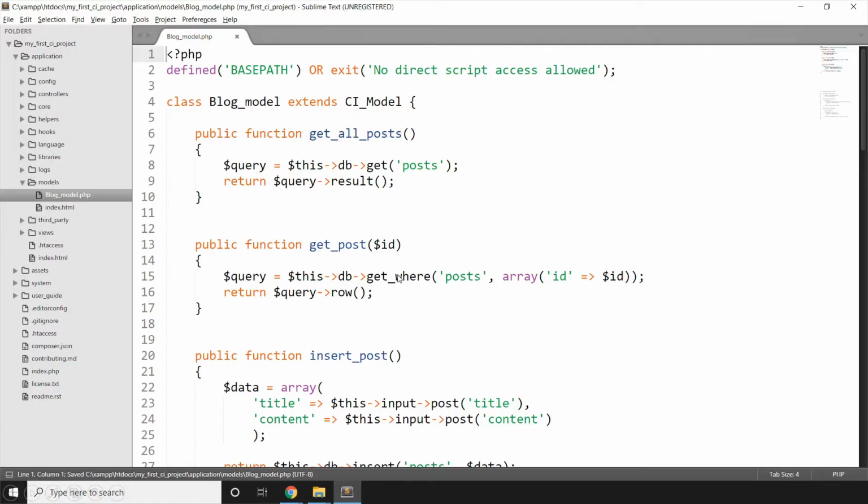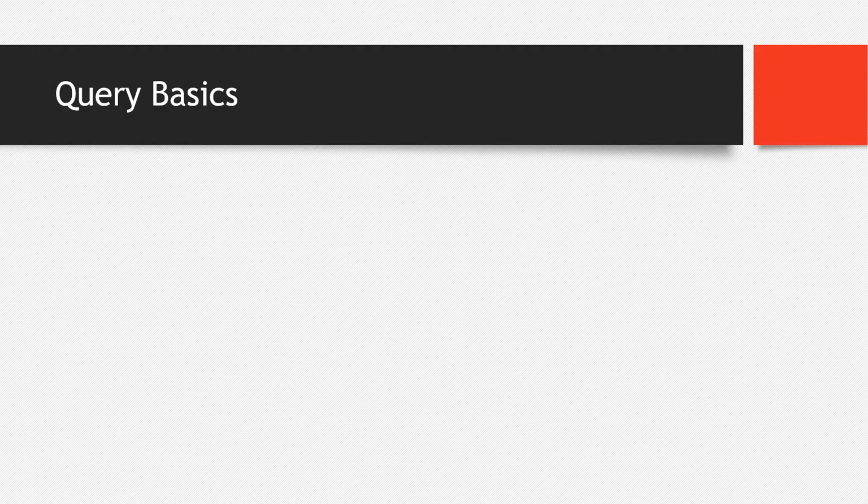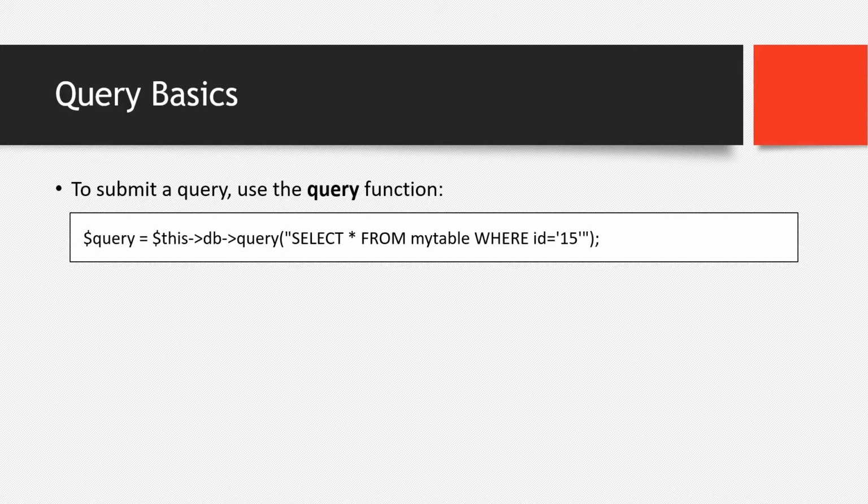Now let's try to talk more on details about on how to create queries or mga ways on creating queries. Okay, so two ways of selecting specific data. So let's start with the query basic. So in this part, we use yung query function wherein we try to pass a query string like select all from my table where ID equals 15.